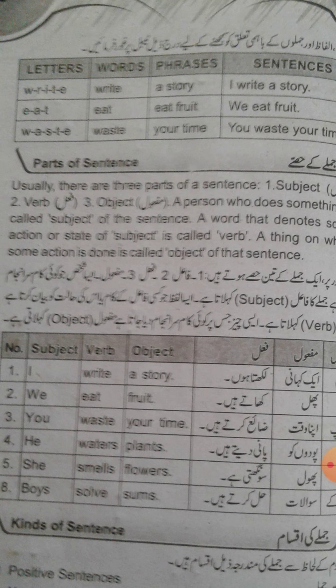The total 26 alphabets are letters. 5 letters are called vowels, and the remaining 21 are called consonants.